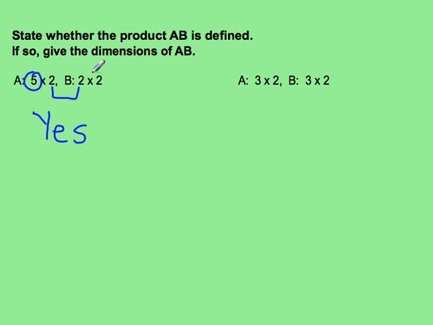It's going to be these outside 2, and they have to be in that order. So it would be a 5 by 2 matrix in the end. Now the next one, if I wanted to take A times B, if I look at these two inside dimensions, they are not equal. Okay, since they are not equal, then no, I cannot do A times B.